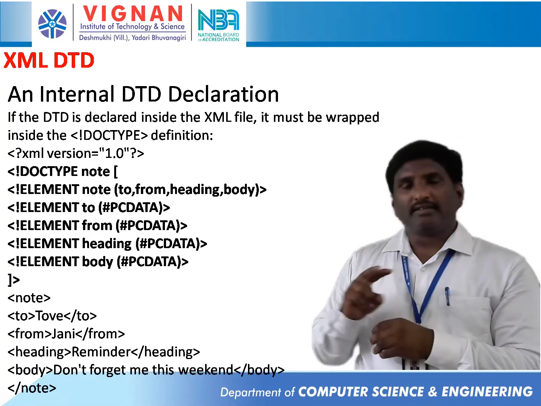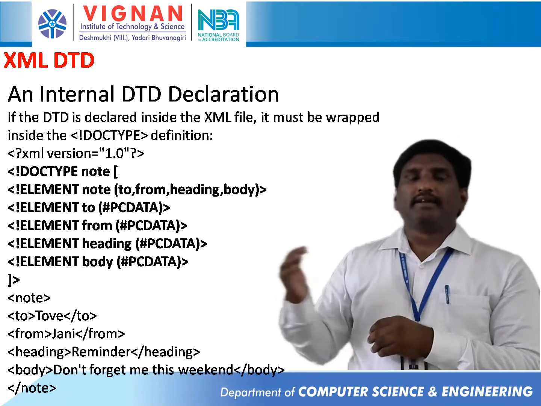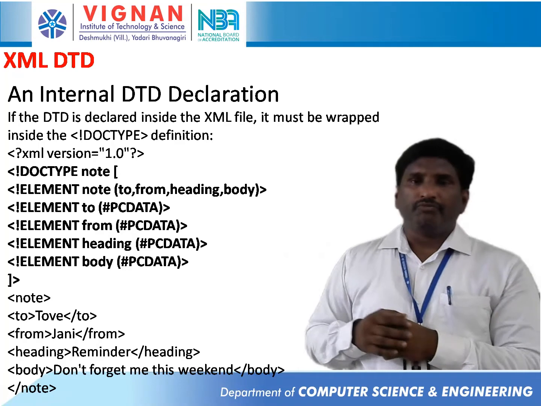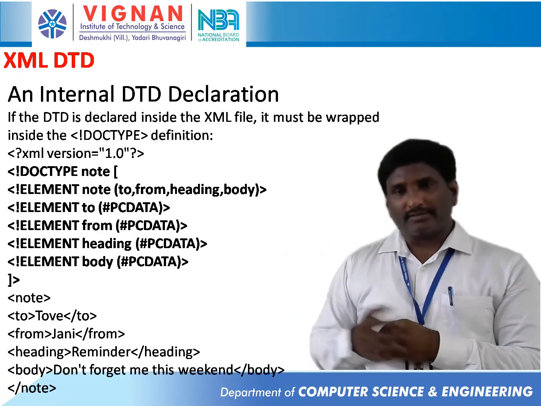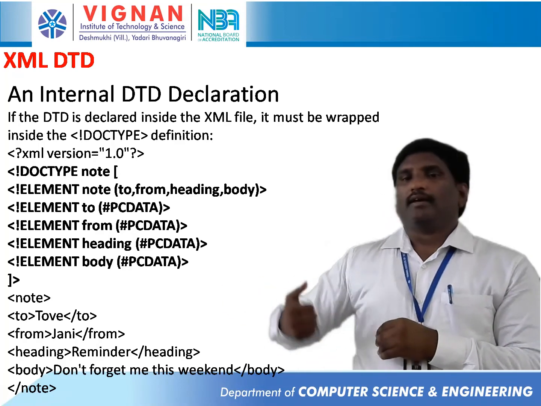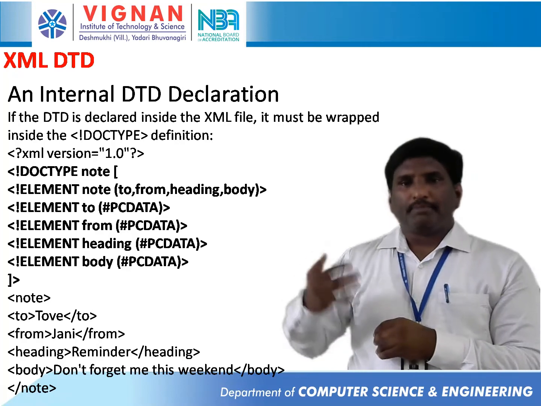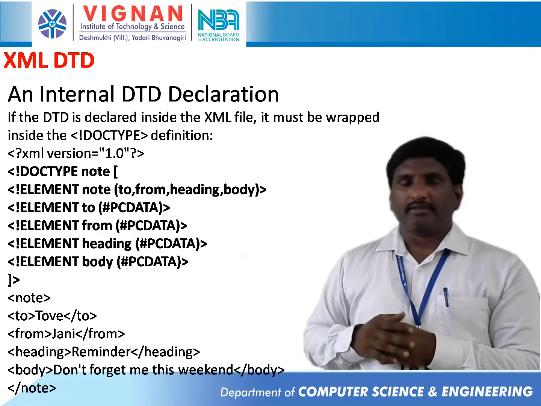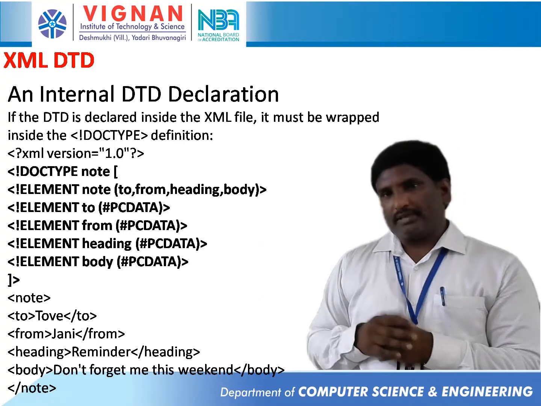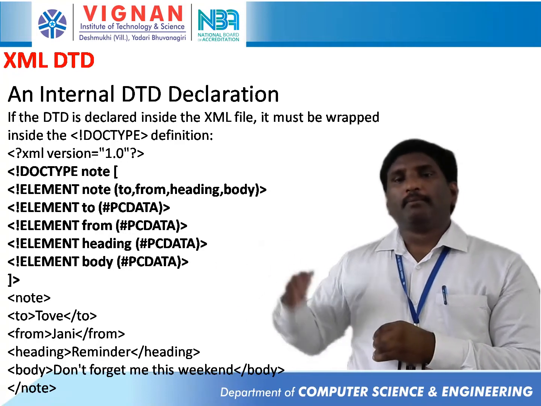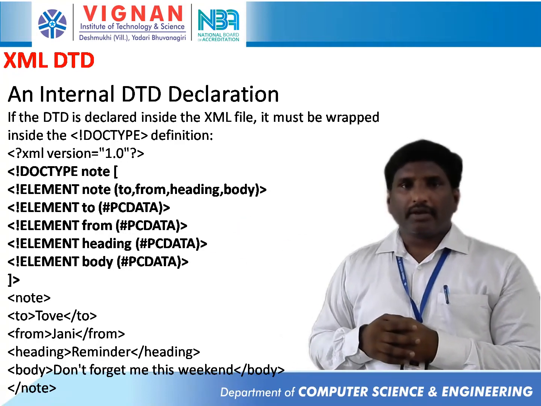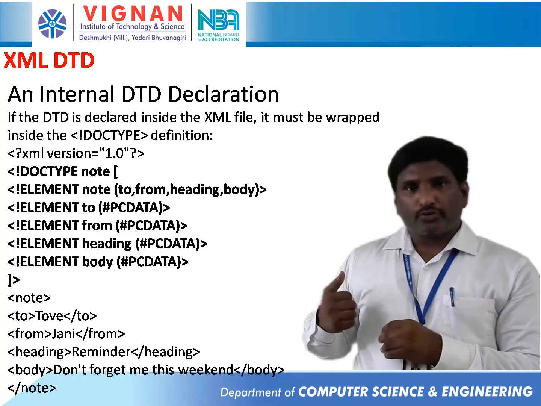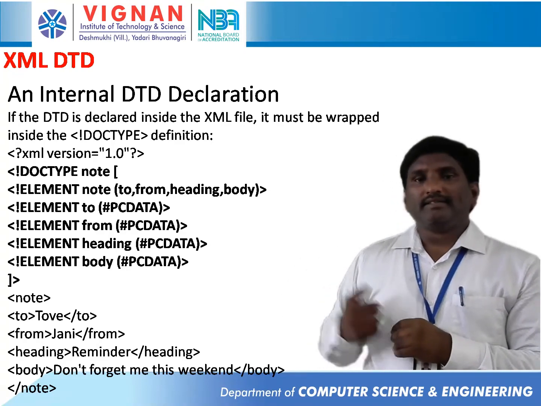So there are two ways: internal DTD declaration and external DTD declaration. It is like CSS: inline, internal and external. Inline for the element, internal for the document, external for many documents. Like that, a DTD we can also declare inside the XML document.